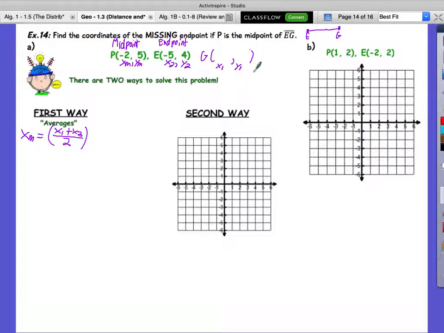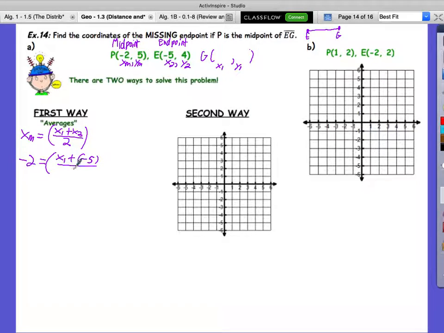So just like on the last three, we started with this formula. We plugged in two things we knew when we solved. We're going to do the same thing. We're going to plug in what we know. What is x sub m? -2. Let's plug that in. What is x sub 1? We don't know it. Let's call it x sub 1. What's x sub 2? -5.